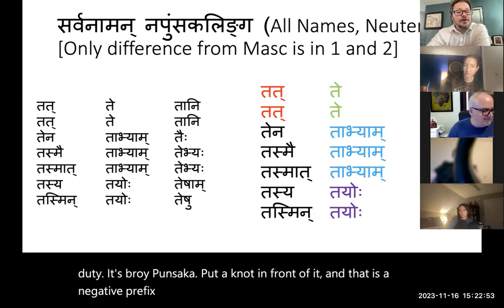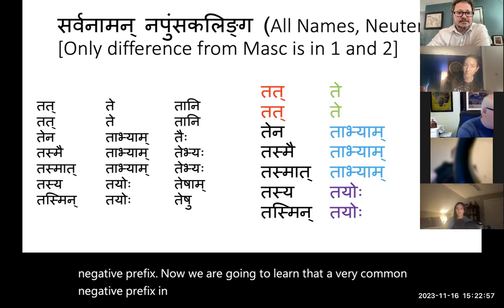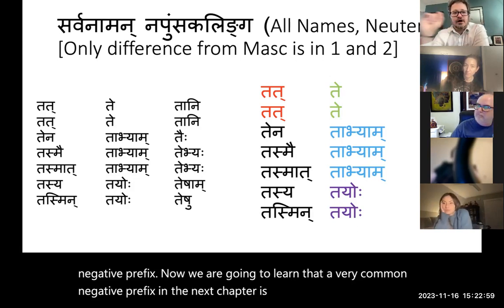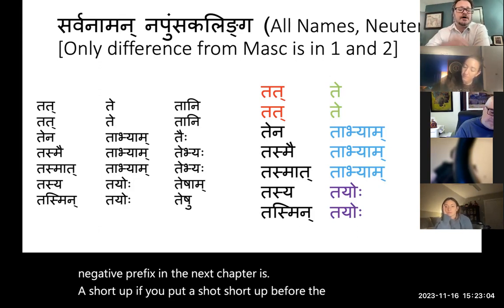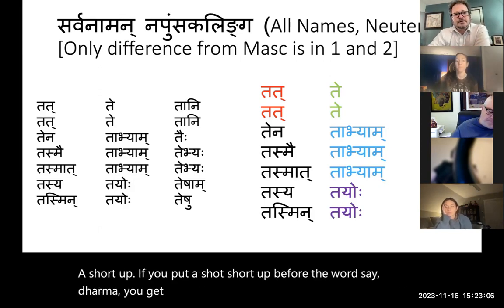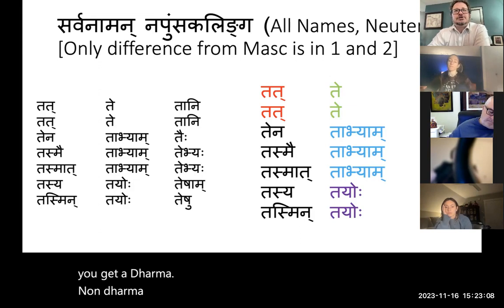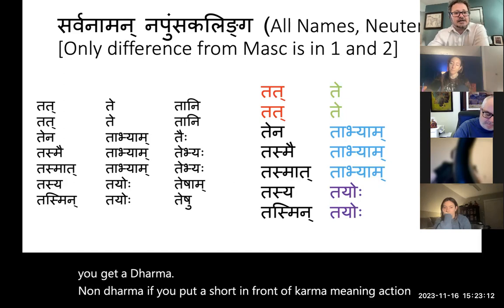Now, we are going to learn that a very common negative prefix in the next chapter is a short a. If you put a short a before the word, say, dharma, you get adharma, non-dharma. If you put a short a in front of karma, meaning action, it would be inaction.